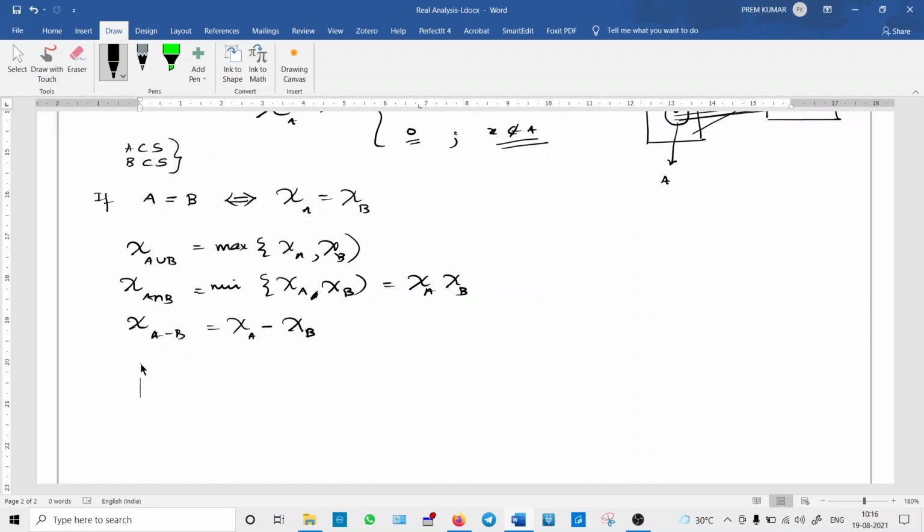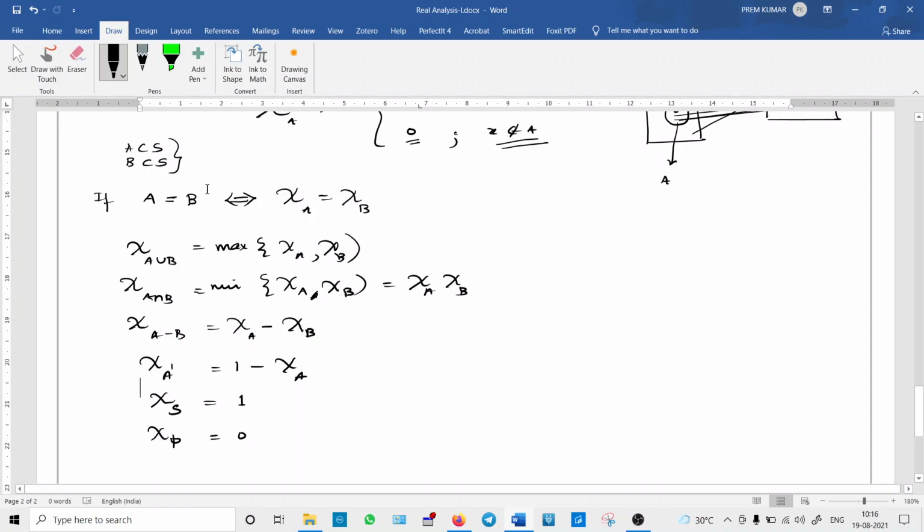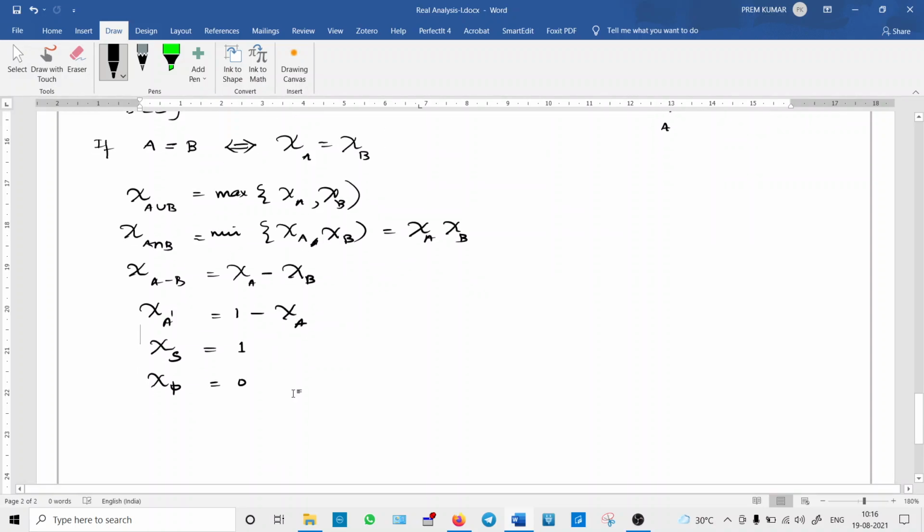Chi A complement is nothing but 1 minus chi A. What is chi of the universal set? Always 1. What is chi of the empty set? It's always 0. We will prove these. The last two are very trivial.